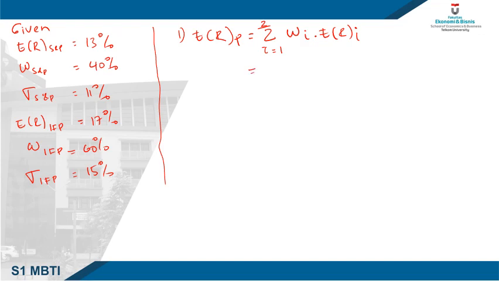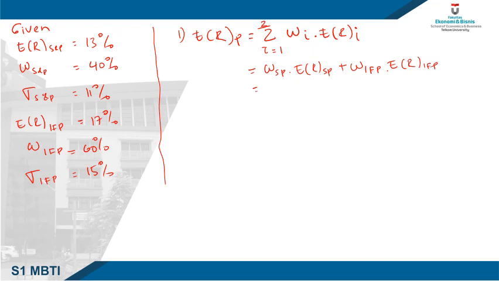Okay, so that will be the weight of S&P, written as W_SP, and then W_IFP times the expected return of IFP.